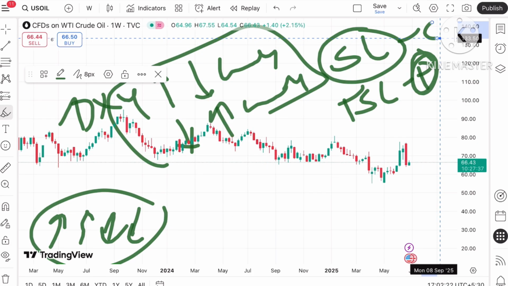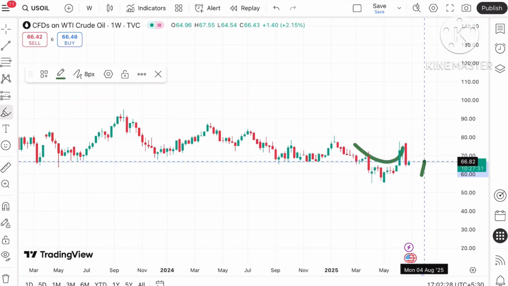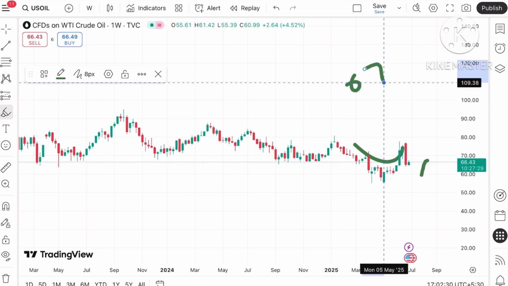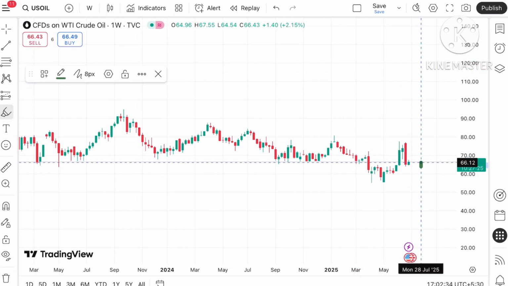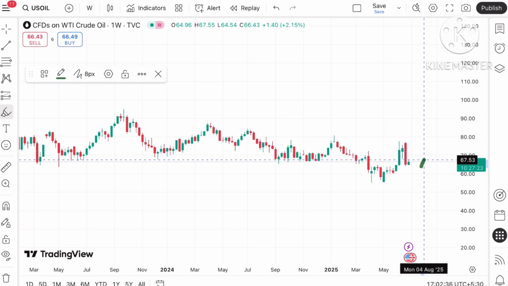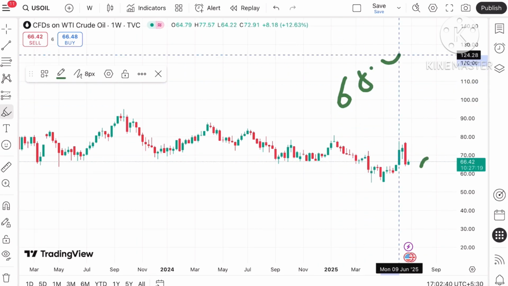Coming back again to the crude price, this is a weekly chart, and now it is trying to go upside. Suppose it sustains, it can touch today's high of around 67.3, and once the price sustains above 67.3, we can see the next resistance at a level of around $68.48.